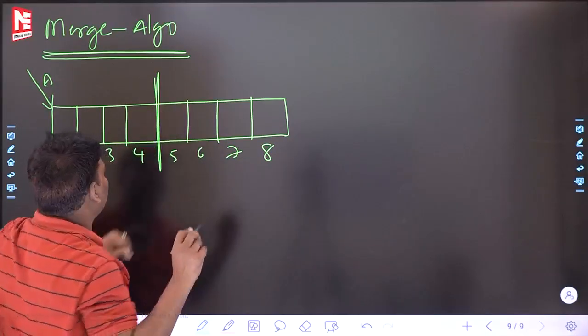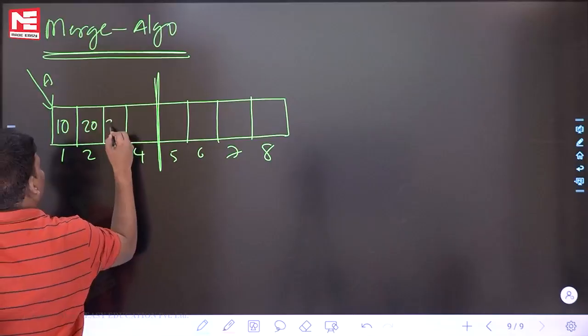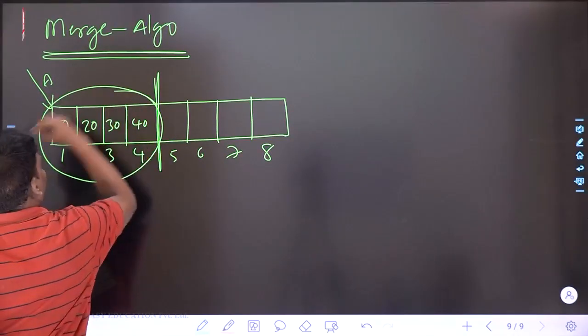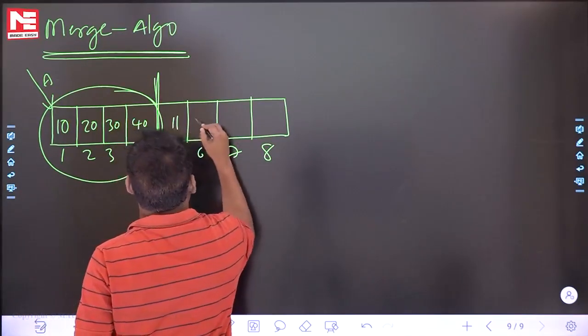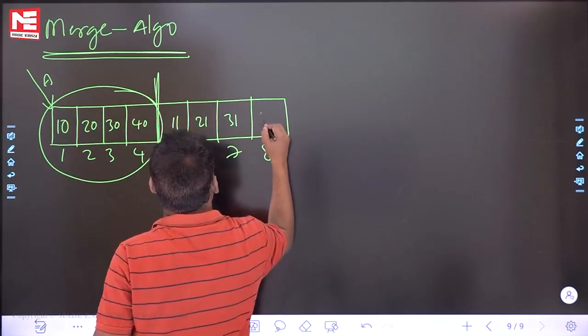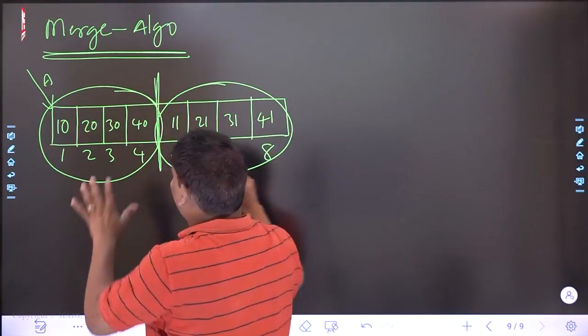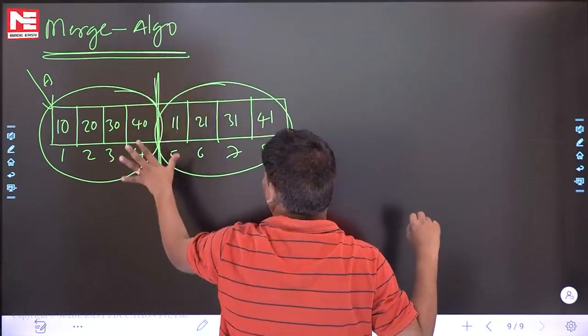Let me take here 10, 20, 30, 40. If you want, you can check it is a sorted subarray. Next one is also a required sorted subarray. Let me take here 11, 21, 31. Some numbers I required, I gave. Also a sorted subarray. For this problem, the merge algorithm requires 2 sorted subarrays.